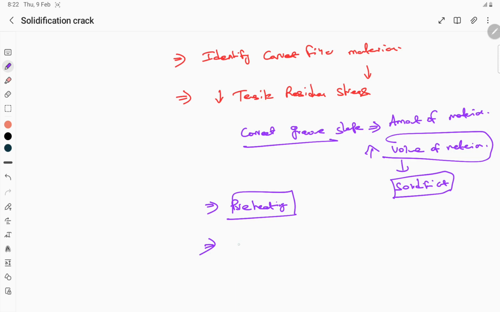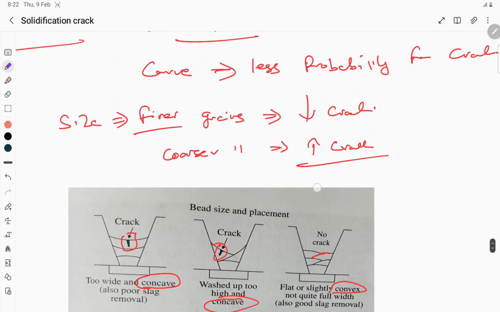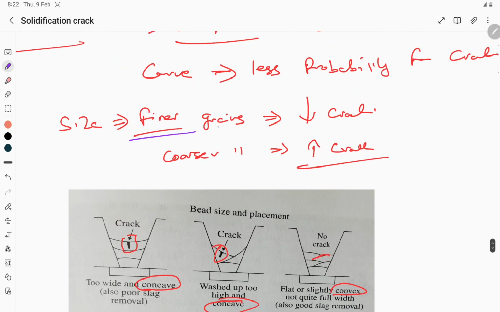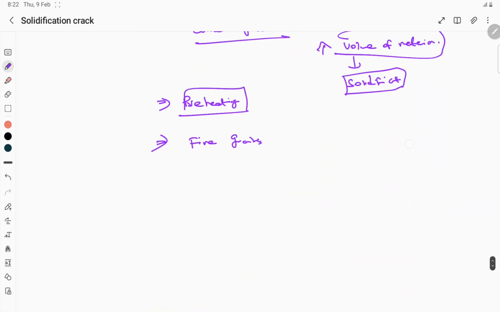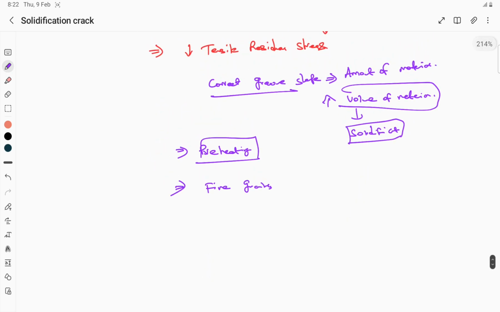Next, we can weld in such a way that it results in fine grains, as we have seen previously; the fine grains will reduce the crack length. In addition to that, we have some more factors, like yield strength, which should be as low as possible.